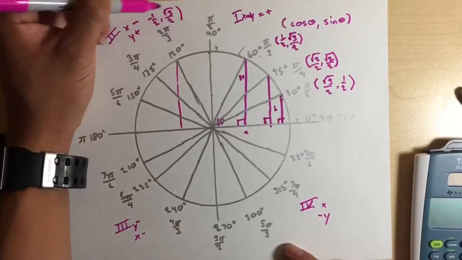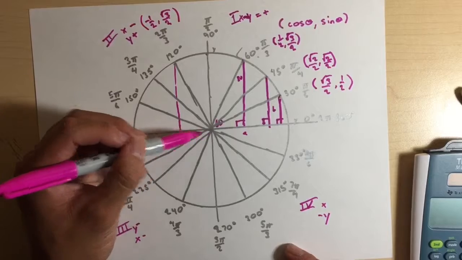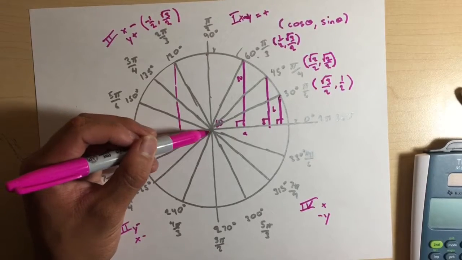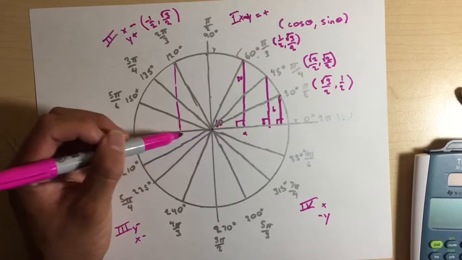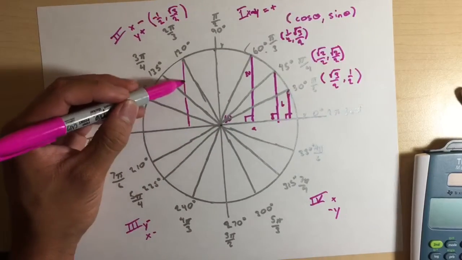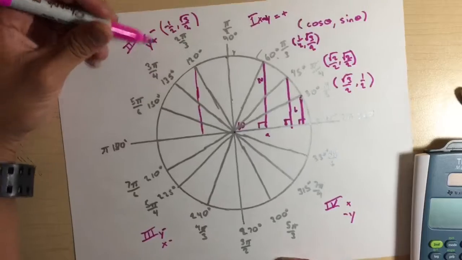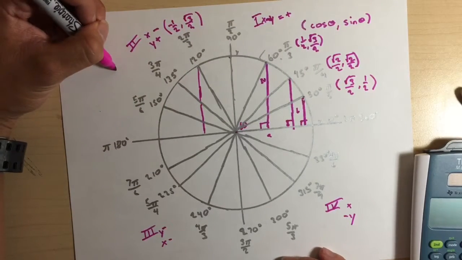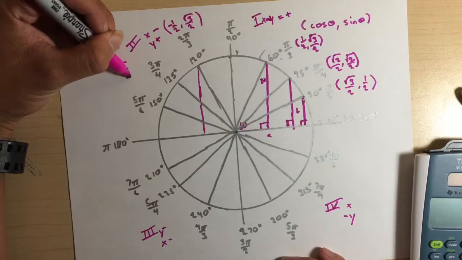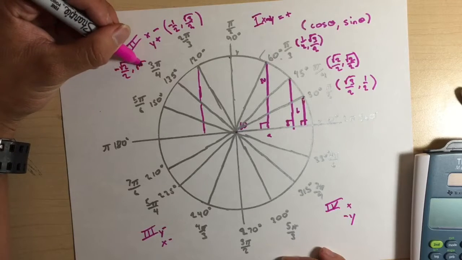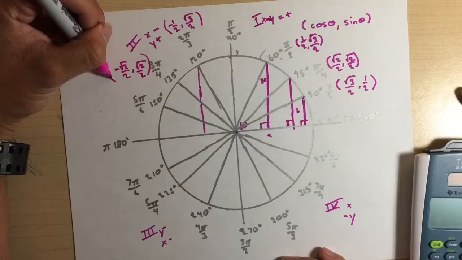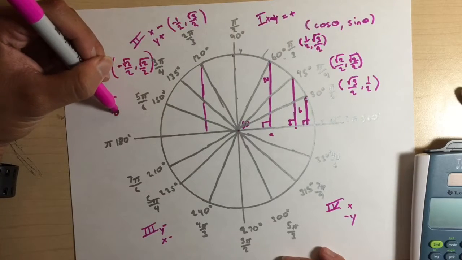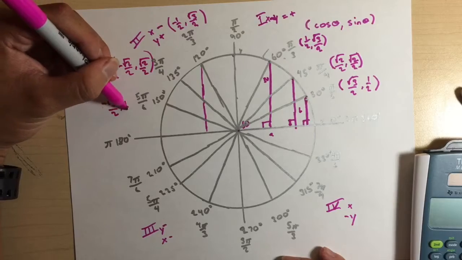The only difference is that it's negative x, because it goes from the origin to the left, which is negative. And same with here, we're just changing the x-axis to negative. So this would be negative rad 2 over 2, comma, rad 2 over 2. And then again, negative rad 3 over 2, comma, 1/2.